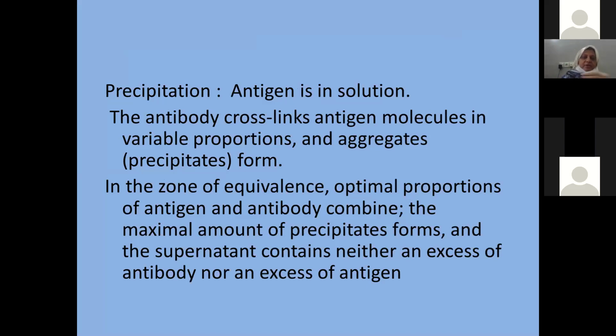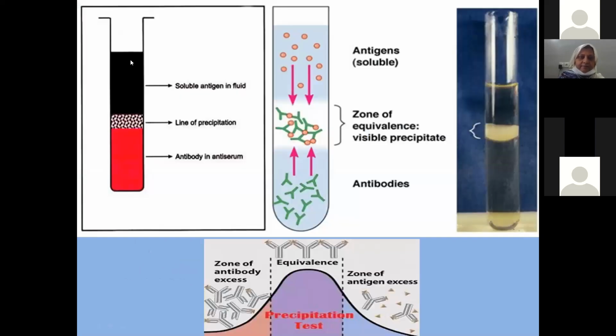Then there are precipitation tests in which the antigen is in a solution form and the antibody cross-links the antigen molecules in variable proportions. So there is a zone of equivalence. The antigen is in a solution, and when you add the antibody, the serum, there is a certain zone in which maximum antibodies can combine with maximum antigen.